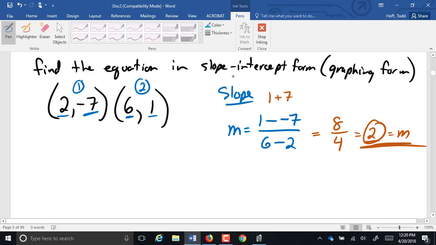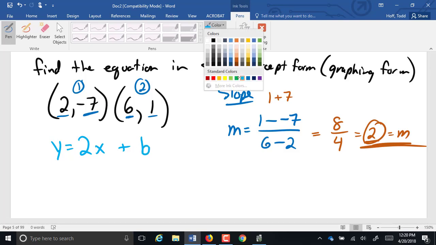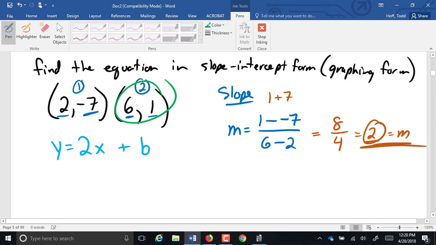So to write our equation, y equals 2x plus whatever our y-intercept is. Again, we can pick either point. Let's do the second one this time, just to change it up. I'm going to put 1 in for y. 6 goes in for x. 2 times 6 is 12.